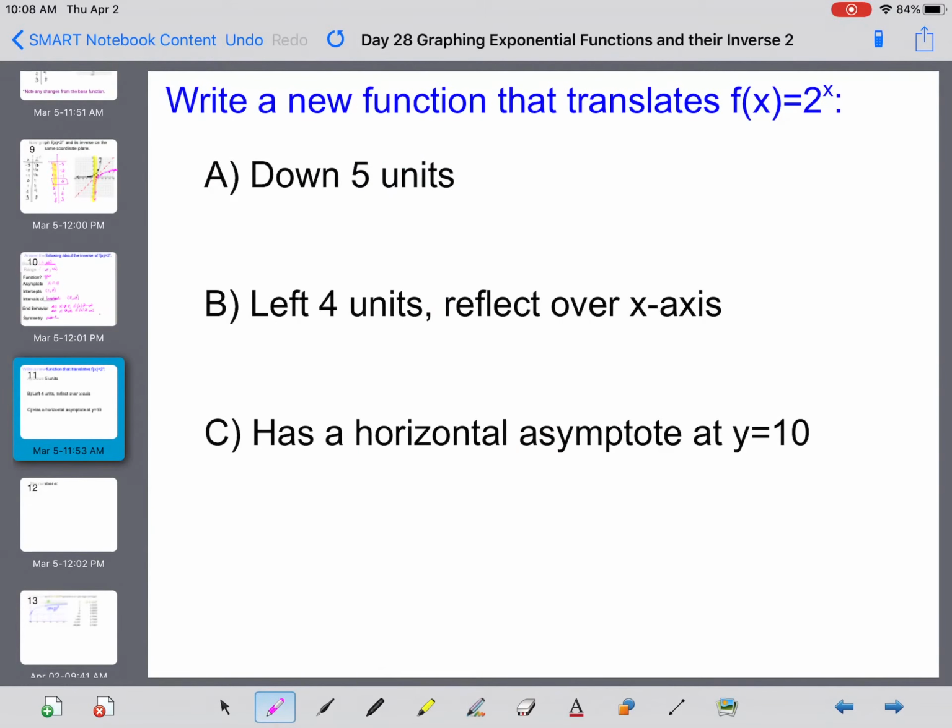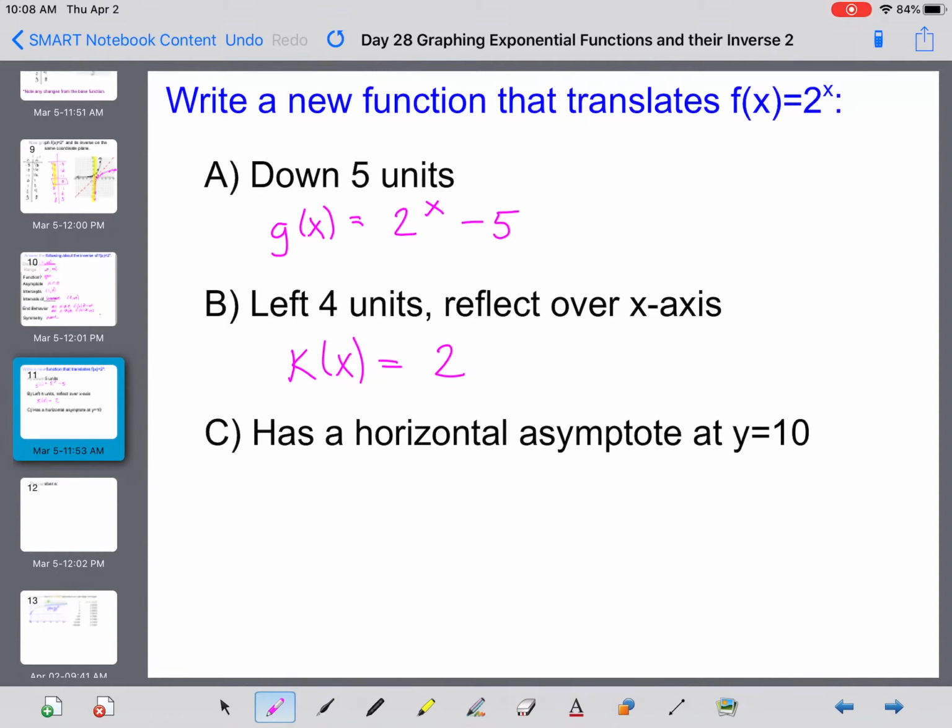All right, let's write a couple of new functions here that are going to move this f of x function to do some different things. If it's going to go down 5 units, let's call this function g of x. That's going to be f of x, so 2 to the x, and going down 5 would mean we'd have 2 to the x minus 5. If we want to go left 4 units, we'll call this one k of x.